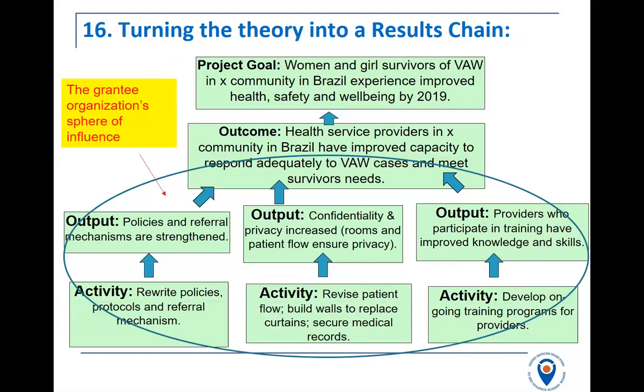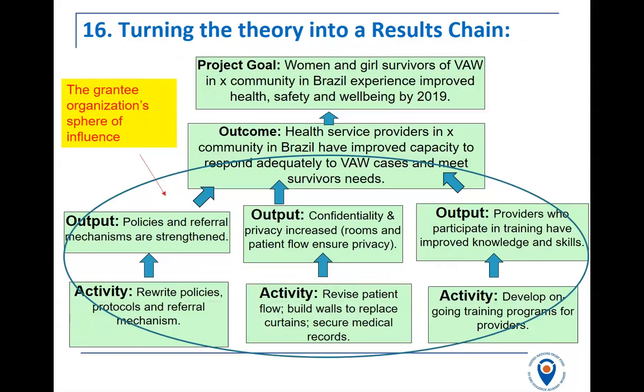But in this project, they decided to try and improve the health of women and girls through working with health service providers. And they were wanting to focus on improving the service providers' capacity. So they're working at the institutional level, change at the institutional level to improve the capacity of the health service providers. So that's very much an outcome. At the outcome, as I mentioned before, you're looking at changes in institutions, changes in the community, or changes at, say, in service providers and their ability to provide support to women and girls.